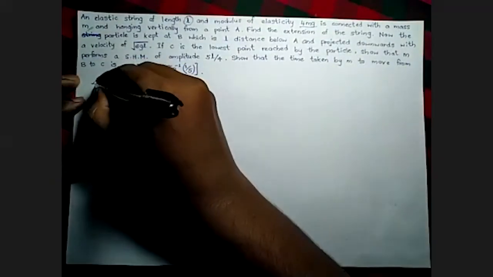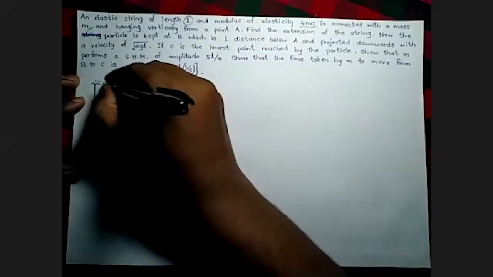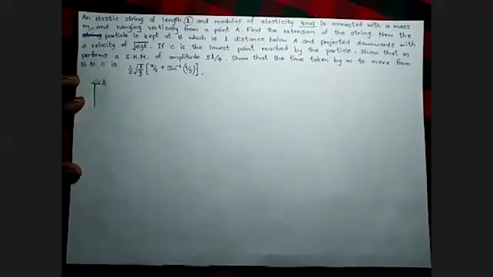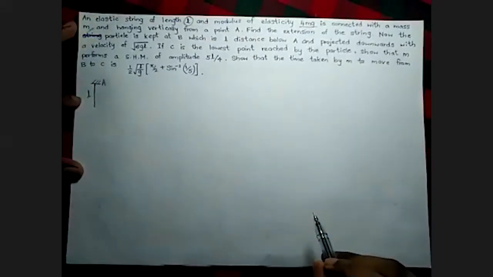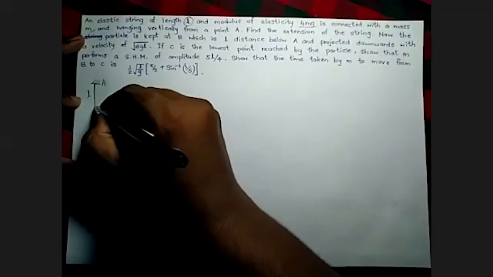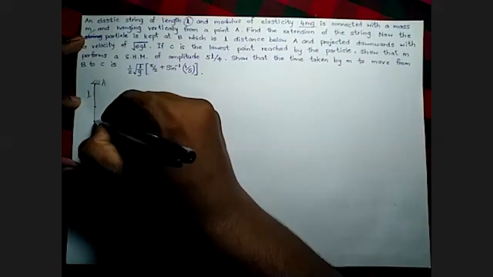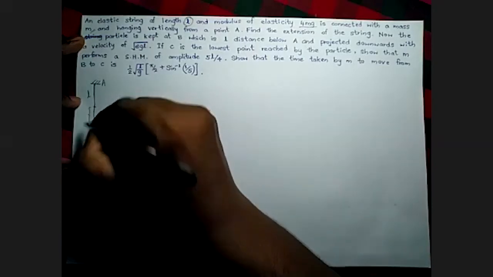So the string is connected to a point A. Natural length L. Then when we connect this mass m, definitely it's going to extend beyond its natural length. We don't know this extension.